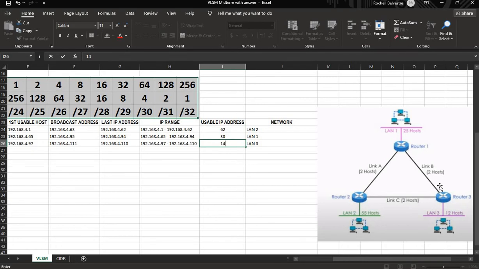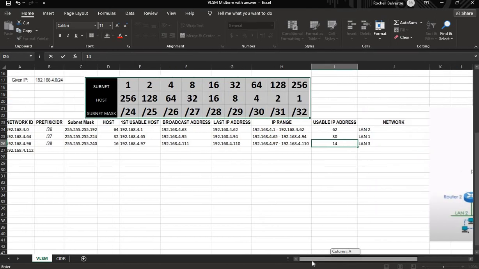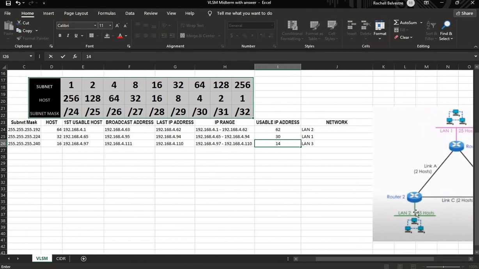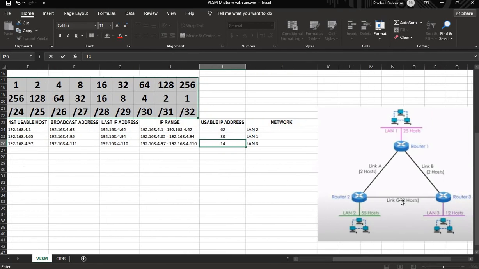So we need 6 IP addresses overall. Technically speaking, we only need 2 IP addresses in each network for link A.